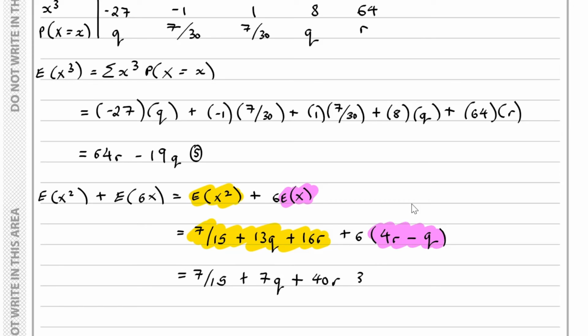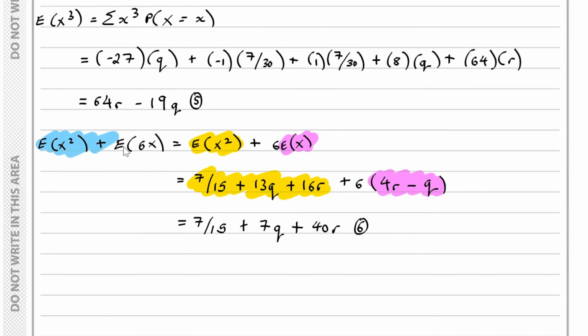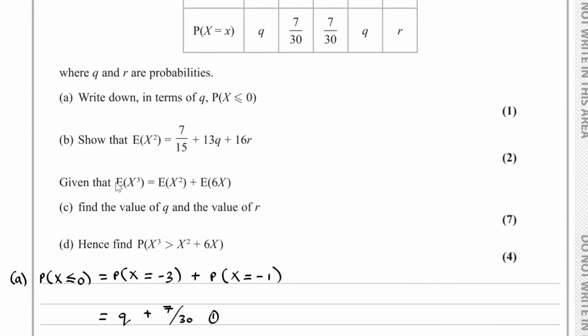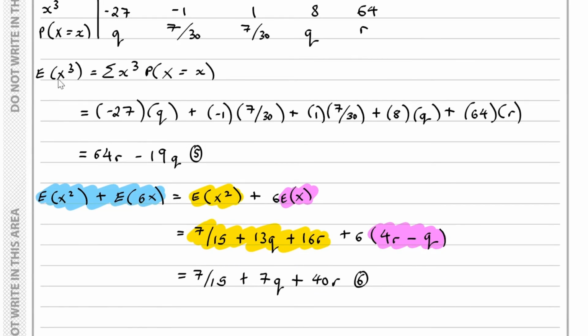We'll call this equation number 6. Okay, and we know that this entire thing over here we were told is the same as this thing over here. So this over here is equal to what we had over here, and that's this.